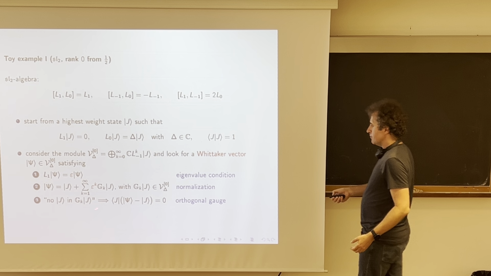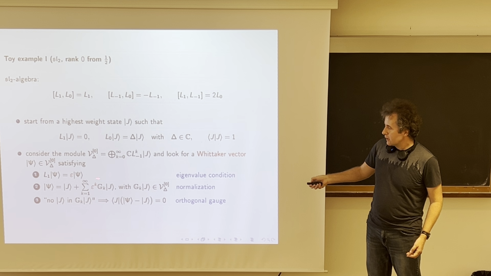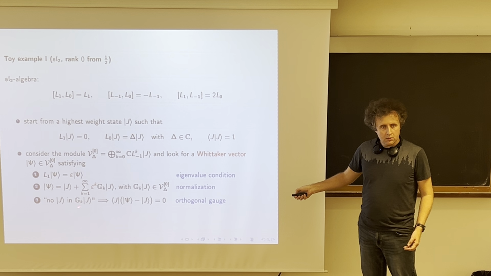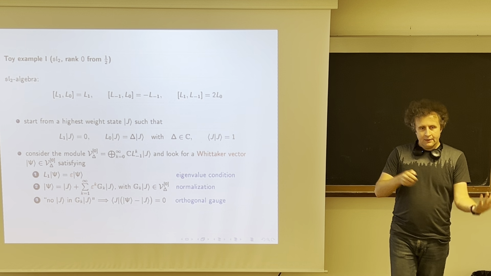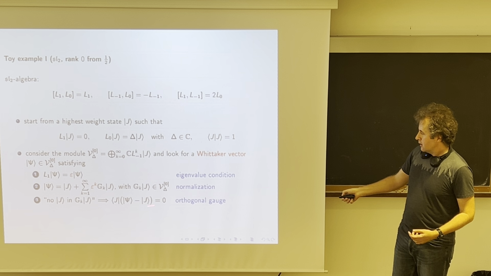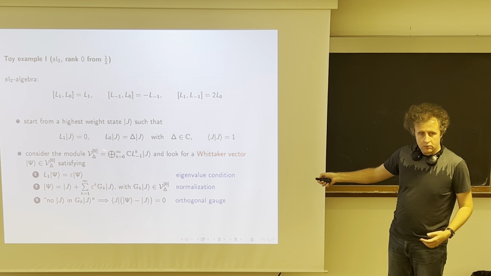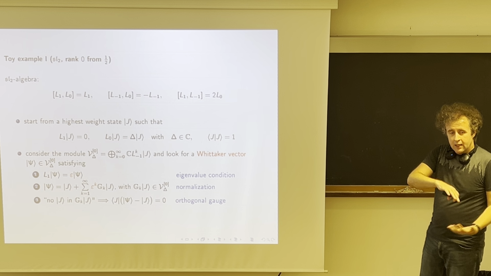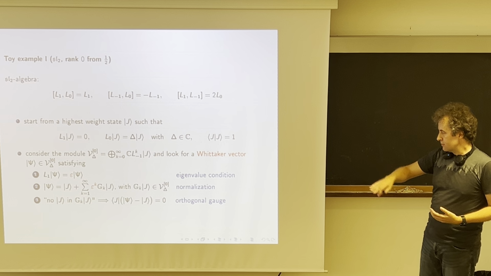And I want to fix this ambiguity by requiring that in this G_k, so in higher order contributions to the Whittaker state, there is no highest weight state. There is a way to express this condition using the standard bilinear pairing on this representation, but I would like to avoid using the bilinear pairing as much as possible.